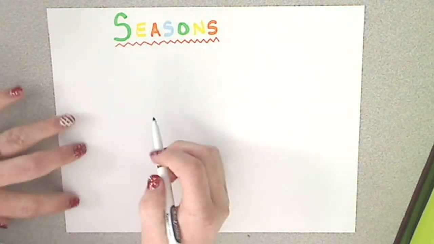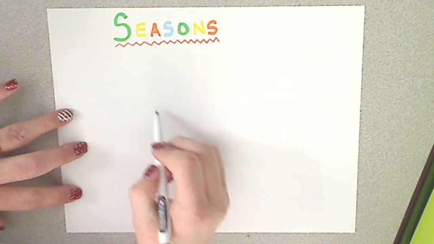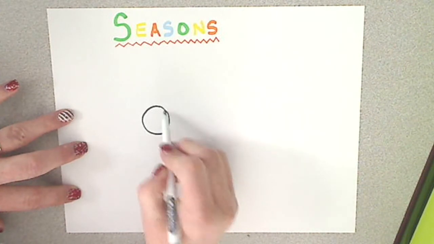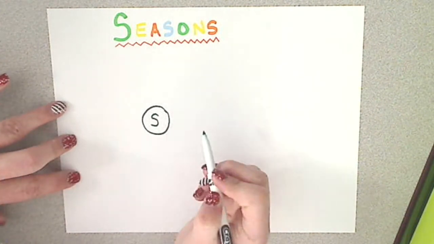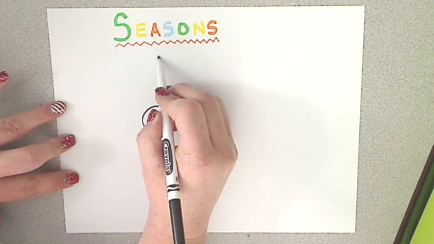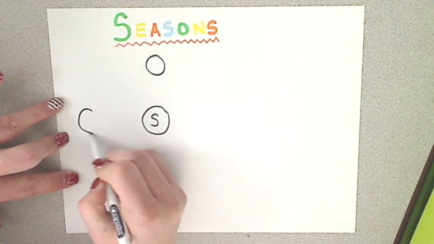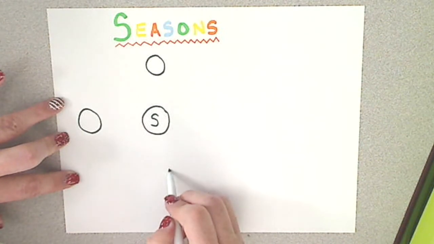All right, so if we take a look at a model, we are going to need our sun. We are going to need 4 Earths.